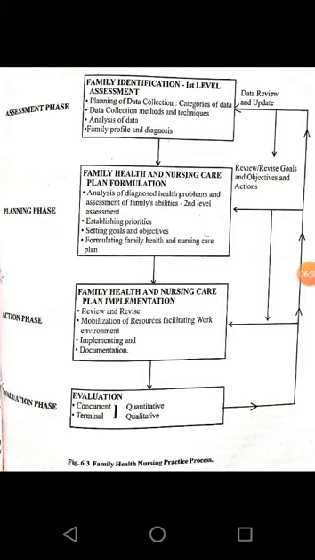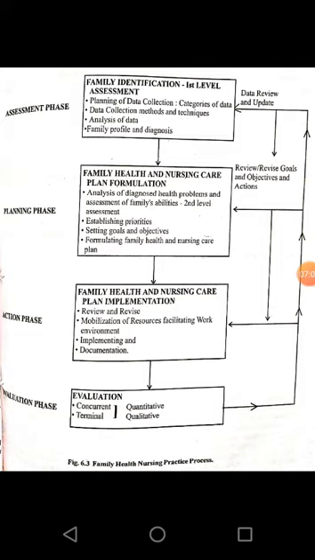So these are the main phases of the family health nursing process. Assessment phase, here we identify the family identification and all the basic level assessment. Next is planning phase, where we plan the health problems and we'll prioritize, and we'll be setting the goals and objectives.